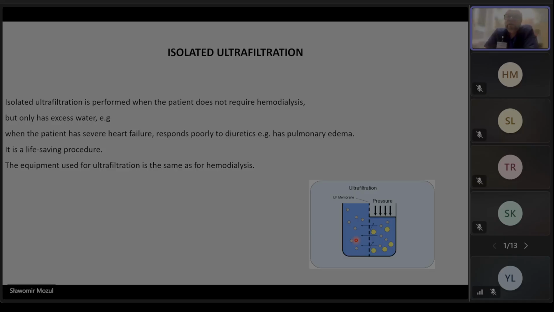In this way, we can remove excess fluid from the patients, for example, in cases of fluid overload or heart failure, when the patient doesn't respond to diuretics. This procedure is intended for patients who do not require hemodialysis.